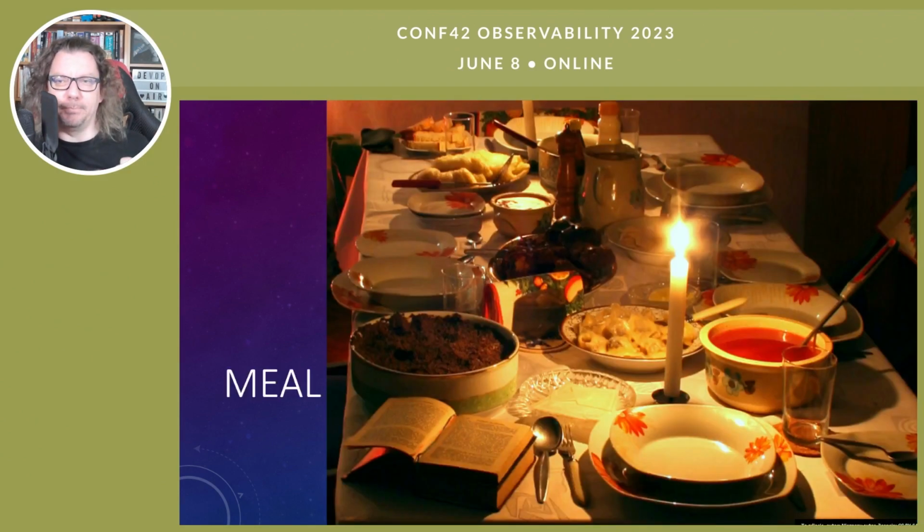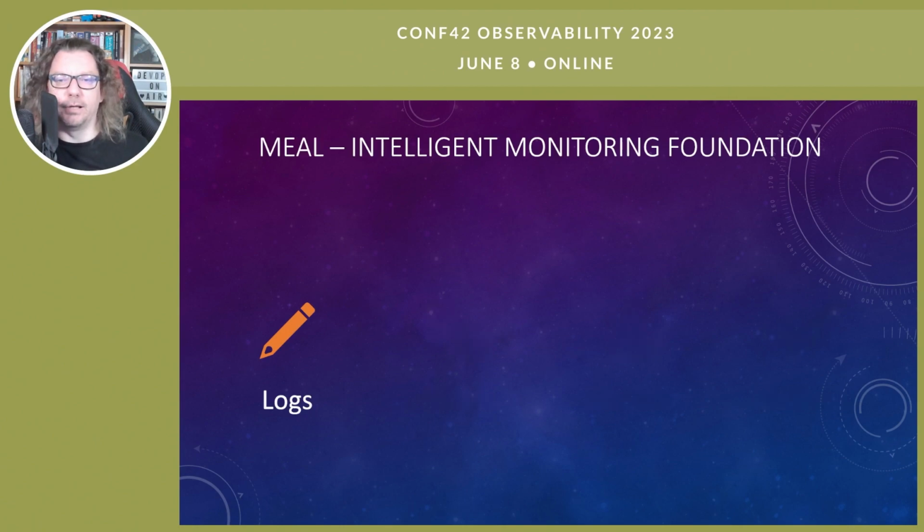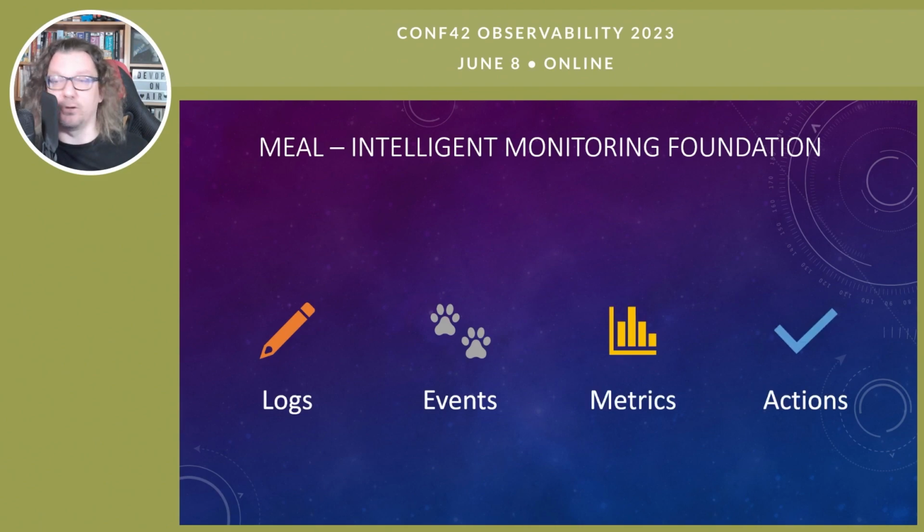Around this, I built something which I called, very creatively, MEAL. And honestly speaking, I built this before observability became a buzzword. So MEAL contains 4 elements, not 3 like observability: metrics, events, logs, and also actions. Generally, it means that in this framework, my framework, we don't only collect stuff, but we also want to automatically act on it, right?